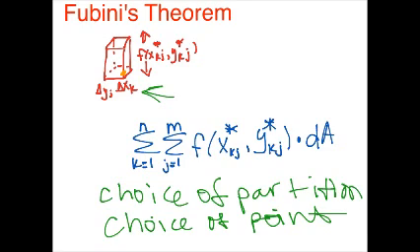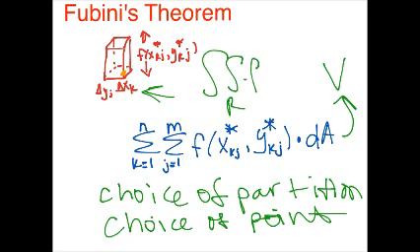So the final bit over all these choices is V, right? So it goes towards V. And we have that sum of k equals 1 and sum of j equals 1, n, m of f of x_kj star, y_kj star times the delta A goes towards the double integral over the region R of f of x, y dA.